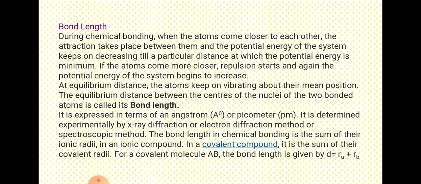If the atoms come even closer, repulsion starts and the potential energy of the system begins to increase again. At equilibrium distance, the atoms keep on vibrating about their mean position. The equilibrium distance between the centers of the nuclei of the two bonded atoms is called its bond length.